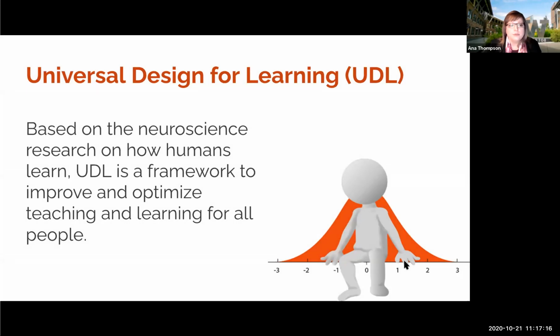As I mentioned before, it was based on neuroscience, and it is a framework that allows us to improve and optimize teaching and learning for everyone. So we're not going towards designing and addressing the average student, but we're going for a wider breadth of people with different types of abilities and experiences.